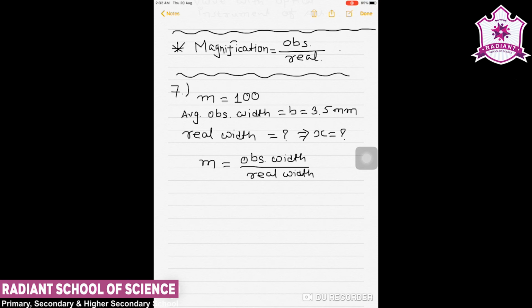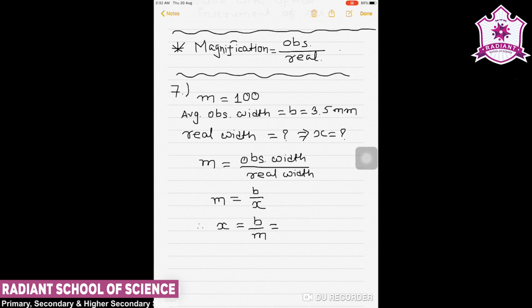We are given b by x, that is equal to magnification. So we want to find out x, that is equal to b over m.